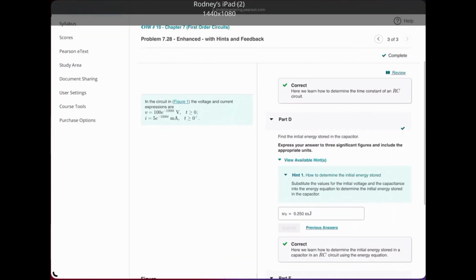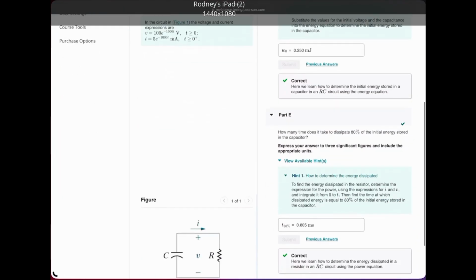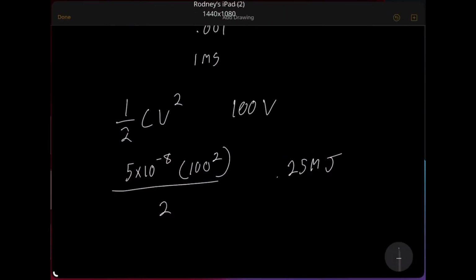And then for this last problem, we need to figure out how much time it takes to dissipate 80% of the initial value stored in the capacitor. Well, for 80% of it to disappear, you're going to be left with only 20% of that energy in that capacitor.